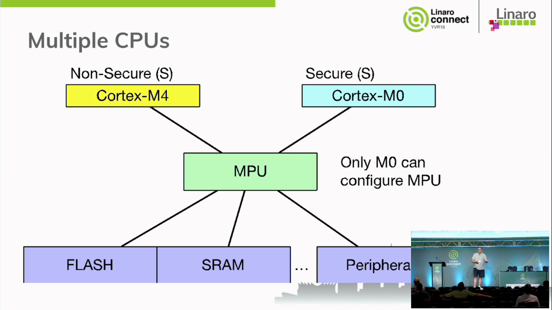But these processors have different roles, and the MPU is configured so that they have different permissions. Generally, the non-secure processor, oh, and there's a typo, there should be an NS on the non-secure one in parentheses, to make it less misleading. The non-secure side generally won't have access to the data of the secure side.